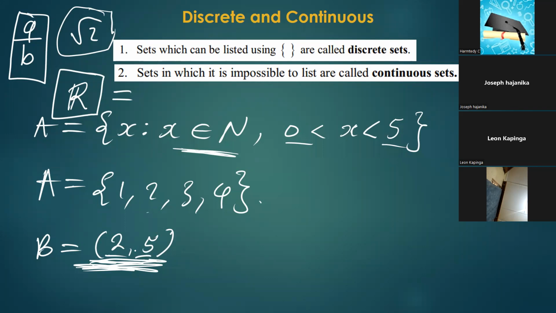Between 2 and 5 we also have 2.000000001, and 2.0000000 with a lot of zeros and then a 1 at the end. You can't manage to count such numbers between 2 and 5. This is why we consider this set to be a continuous set. Sometimes it may be called an infinite set.